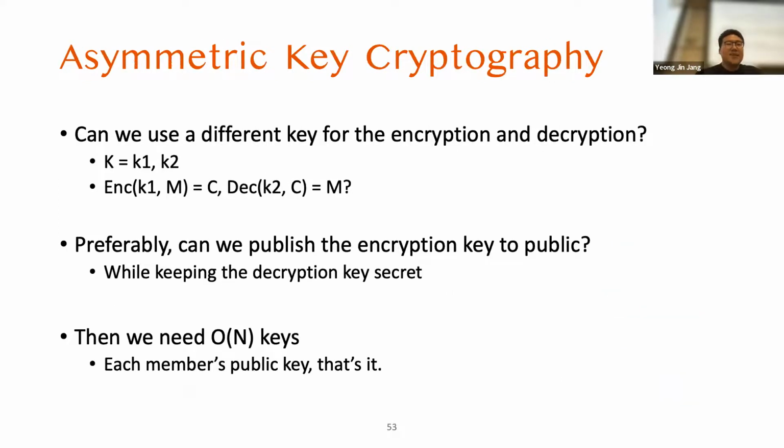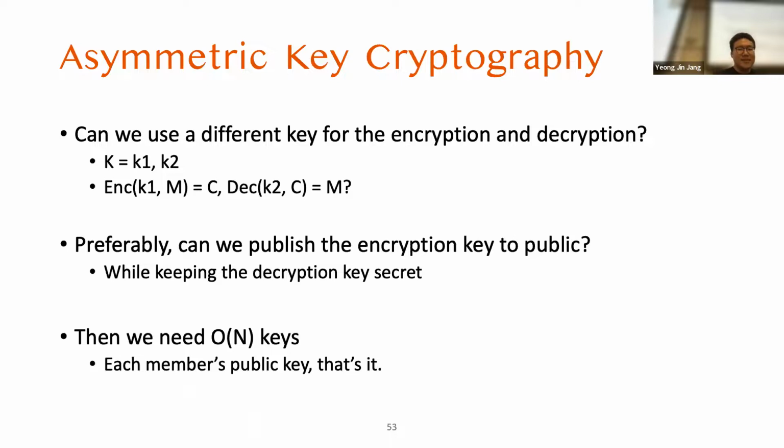But in asymmetric key cryptography, we have 2 keys, a public key and a private key, and the encryption and decryption keys are different. What makes it easy is that we don't have to link the encryption key to the sender. Any sender can use my public key, the 1 key.